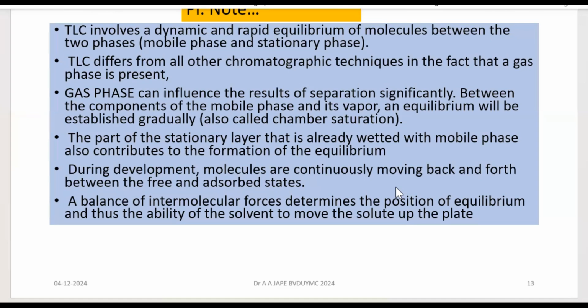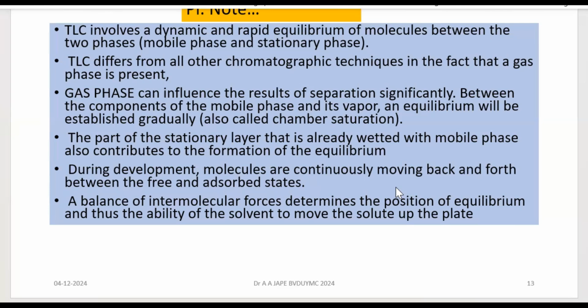The evaporation of organic solvents takes place at a higher rate. Of course, each solvent has its own evaporation temperature, but at room temperature, when we are conducting the experiment, these are going to go into the vapor phase, and these vapors have to saturate the chamber.